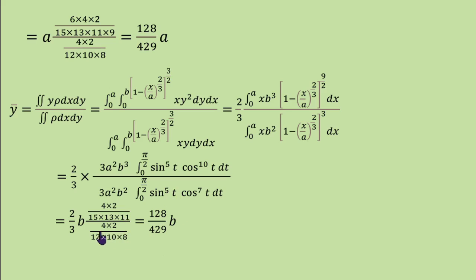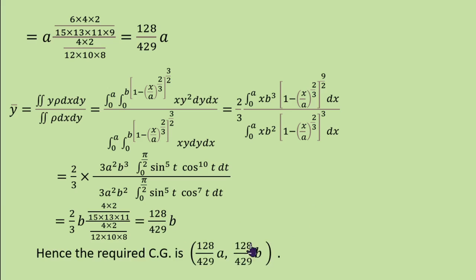Numerator is 5 minus 1 is 4, 4, 2, 7 minus 1 is 6, 6, 4, 2, that cancels from the denominator, and substitute this in calculator and b take outside 128 by 429b. So this is y bar, and hence the center of gravity is x bar is 128 by 429a and y bar is 128 by 429b.